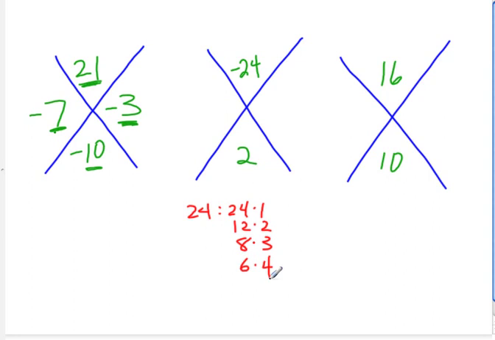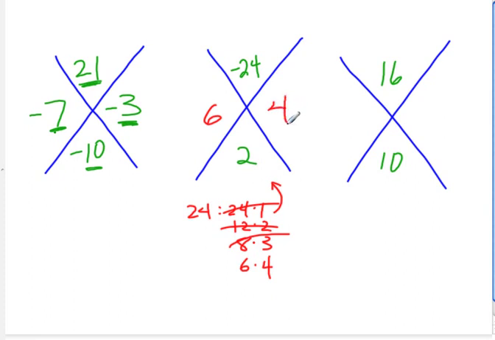So, 24, let's see, 24 can either be 24 times 1, but that can't give me 2. 24 minus 1 doesn't give me 2. 12 times 2, but that can't give me 2. 8 times 3, we're getting closer. 8 and 3 could give me 5, but it couldn't give me 2. 6 and 4 could give me 2. Okay.